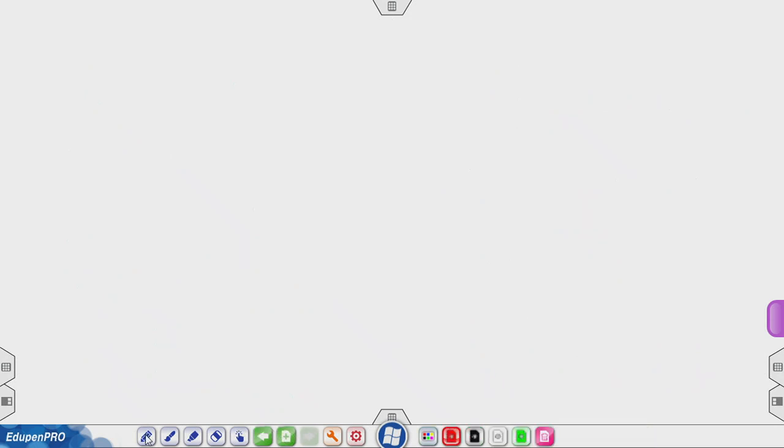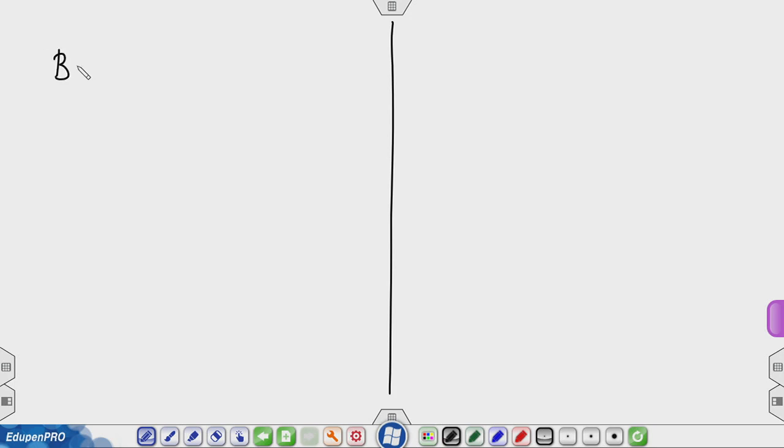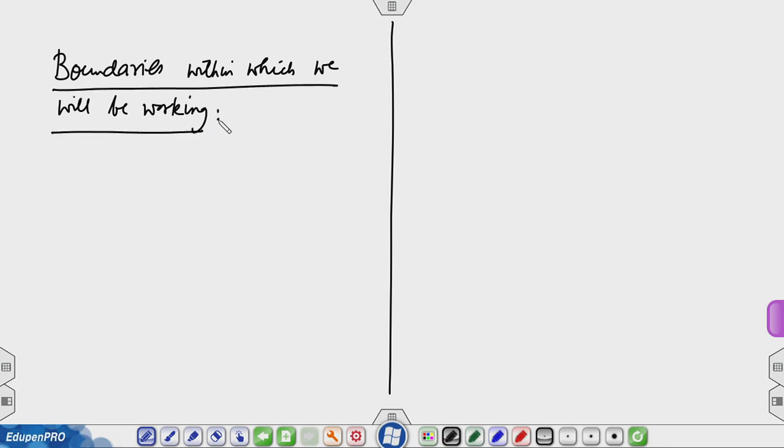So, before we start the development of dynamics in a band, let us just put some boundaries, or limitations, within which we will be working. For illustration purposes, I will be showing things in 1D, but the results are general.